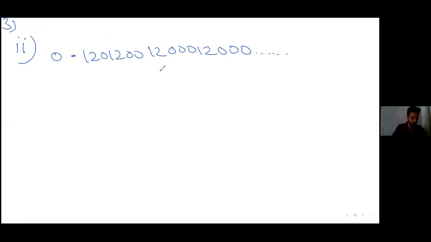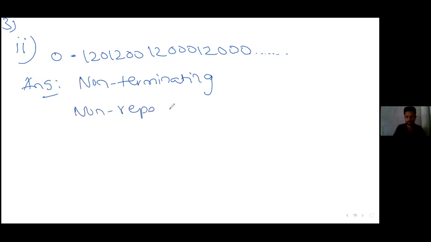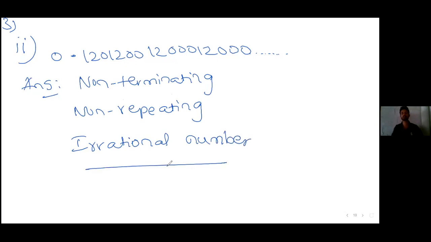So we can say it is an irrational number. So our conclusion is non-terminating decimal expansion, and also non-repeating decimal expansion. So we can say it is an irrational number. So this is our comment on this one.